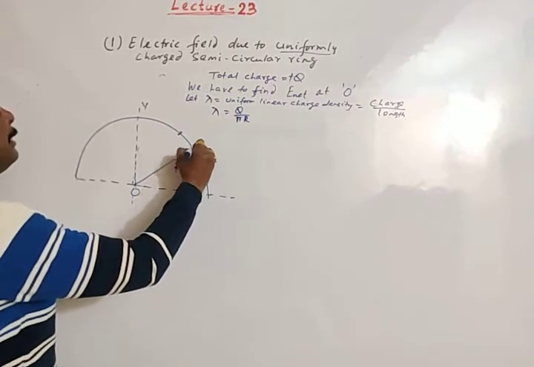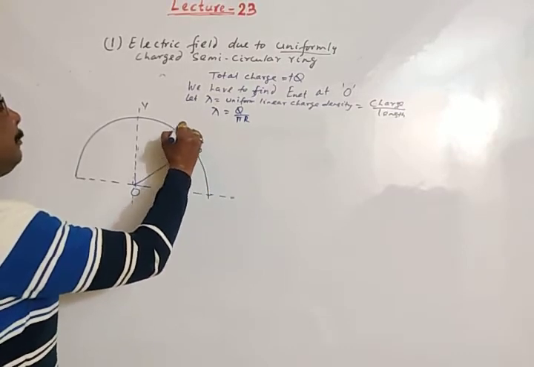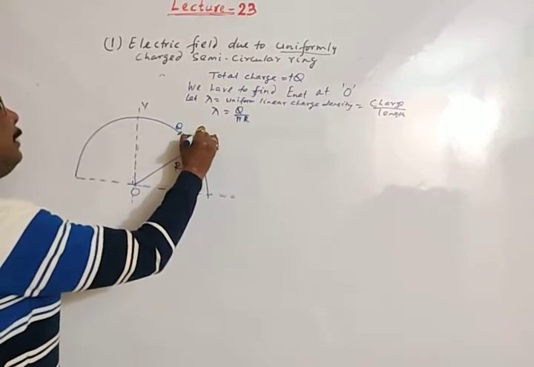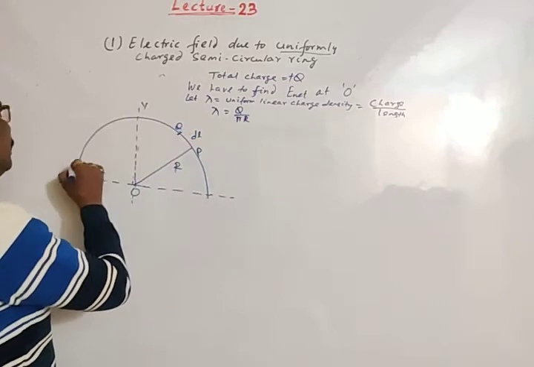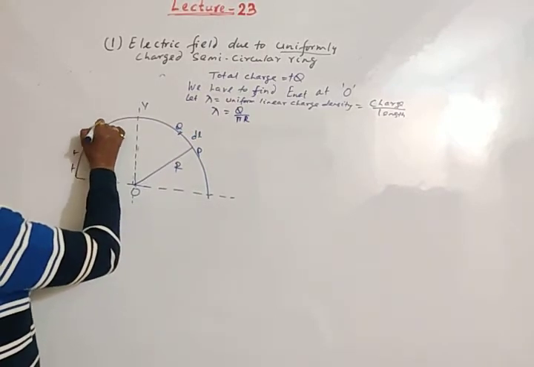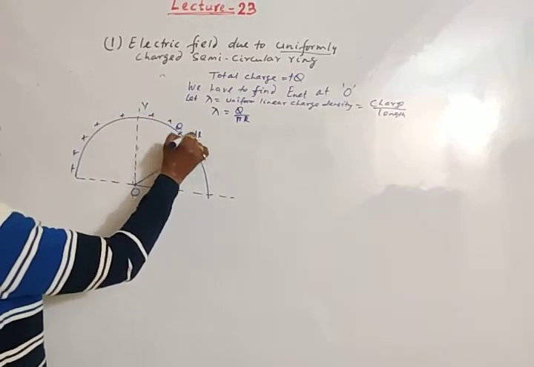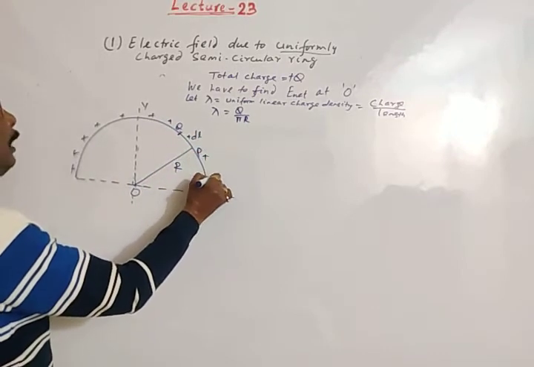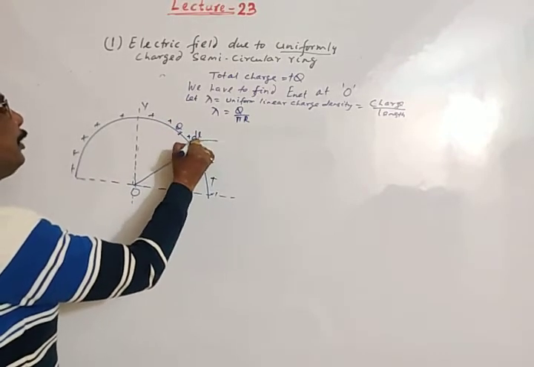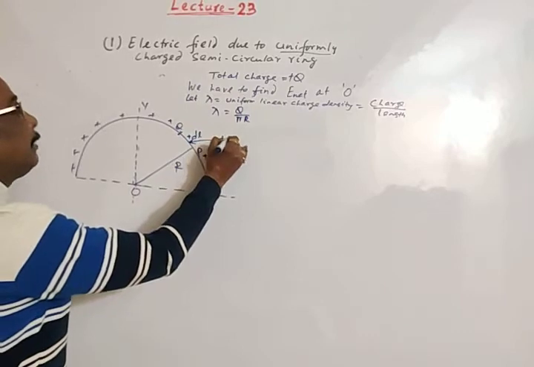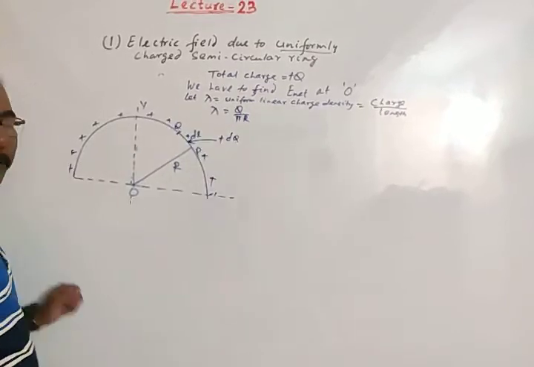We have considered an elemental length PQ. Length of this elemental length is dl. Since charge is uniformly distributed on the ring, total charge on this length dl is dq.